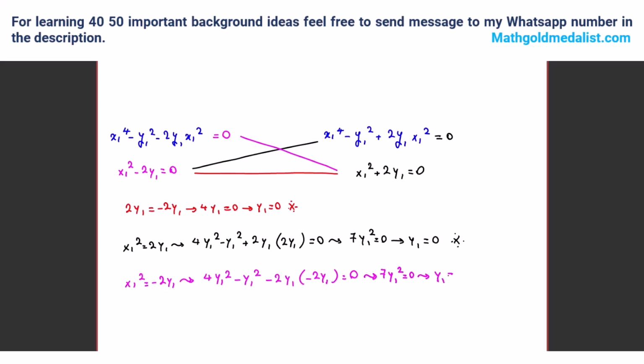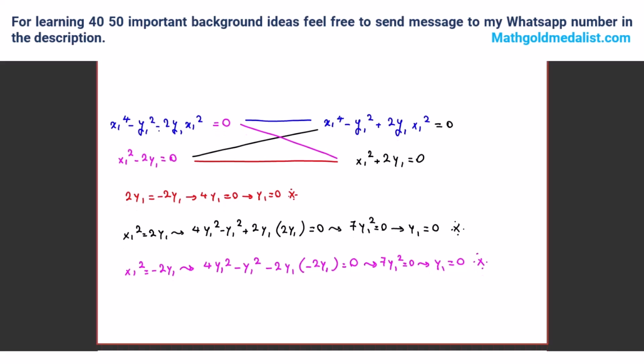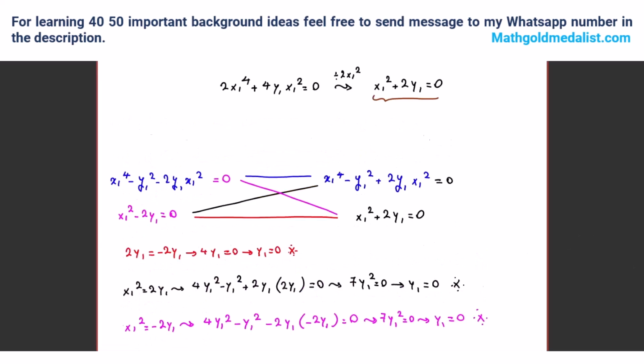So y1 is equal to 0. Okay, that's a contradiction. Now let's check the last case. If we subtract this minus this one, x1 to the 4 and negative y1 squared would be cancelled. So 4y1 x1 squared is 0, and that's a contradiction because we said x1 and y1 are not 0. So we reach a contradiction.